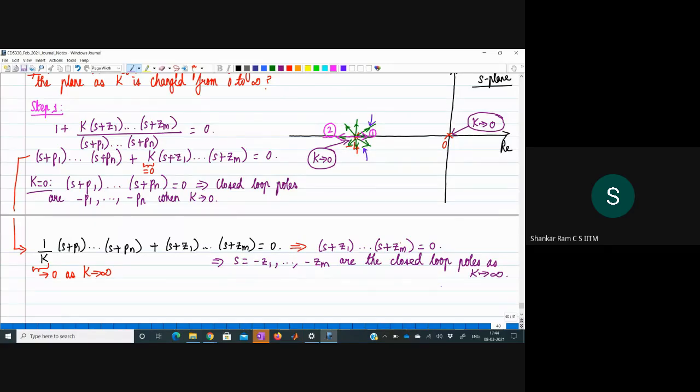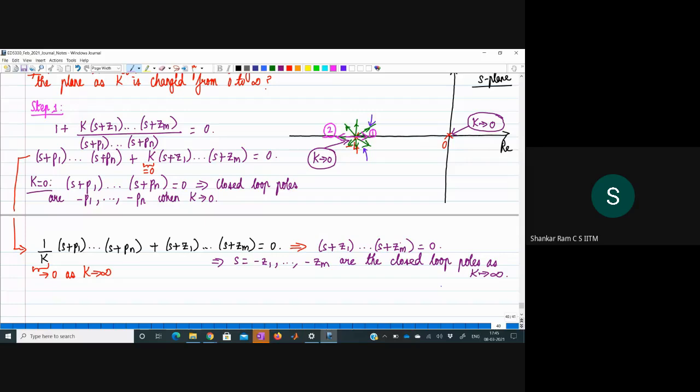So we eliminate the possibility of two branches going into the complex plane, and by elimination the root locus can go only along the real axis. But we are not yet done.